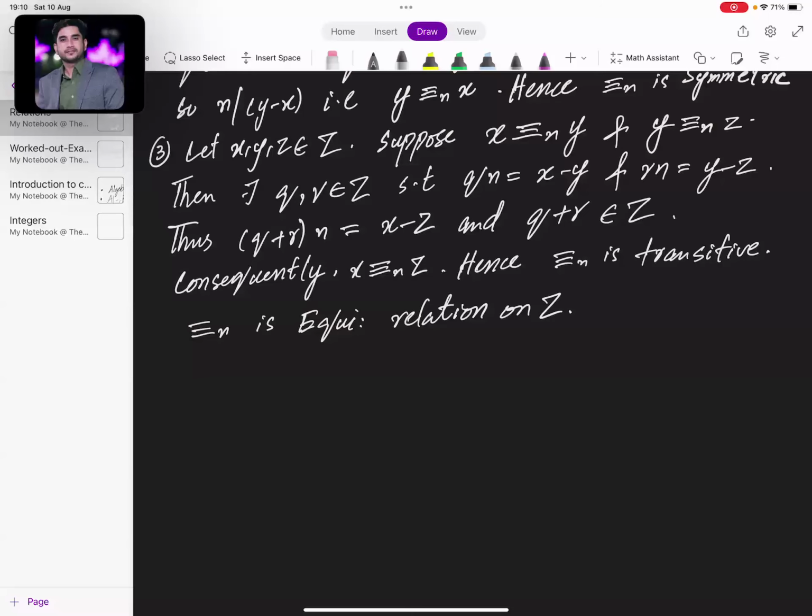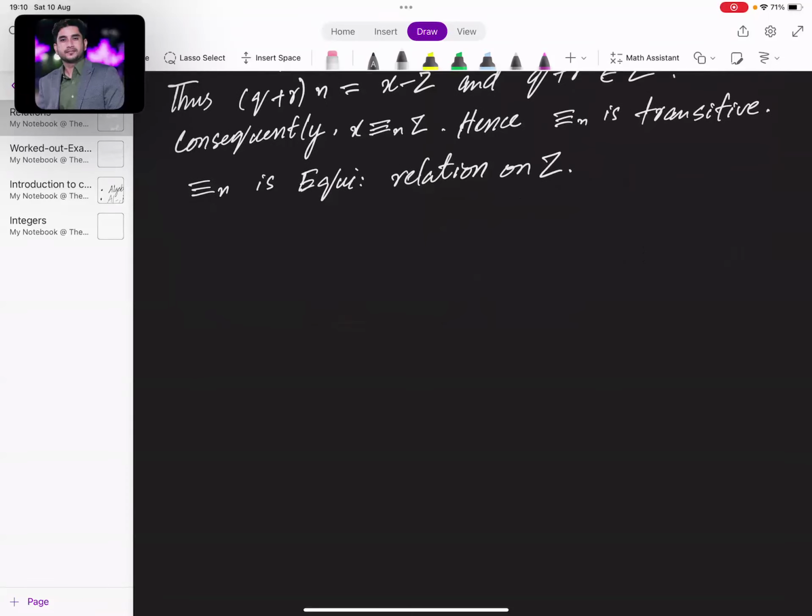Just a quick remark. This is called congruence modulo n.